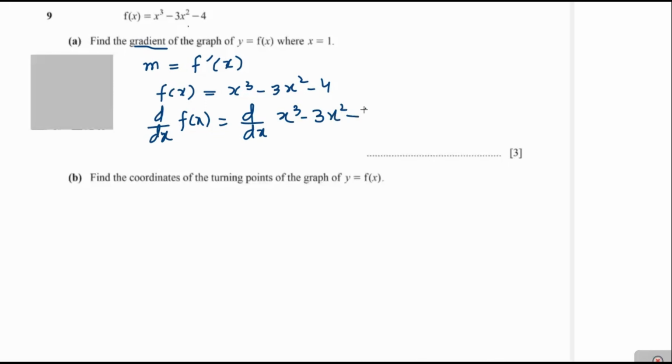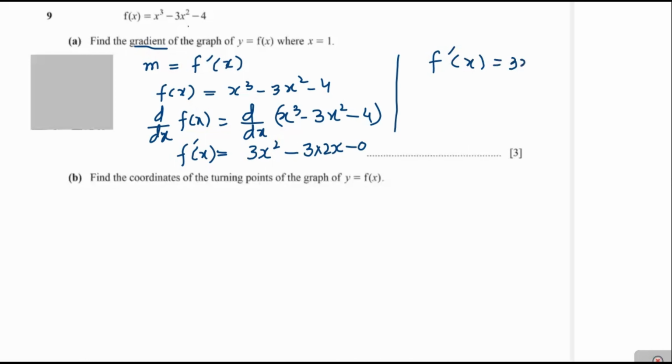Now the derivative of x cube will be 3x square, the power becomes the coefficient, and similarly minus 3 into x square, the derivative is 2x, and the derivative of a constant is 0. We write it as f dash of x, which will be equal to 3x square minus 6x.